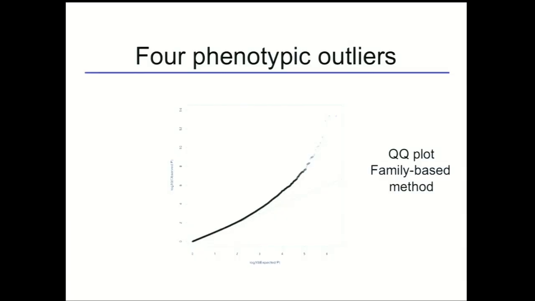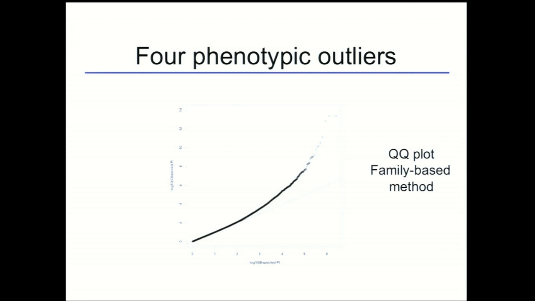Yeah, so this is the example. This is a real-life example. We were the analytic pipeline for a project called CARE, and we would get all sorts of combinations of genotypes and phenotypes to analyze. This was one of the QQ plots that we generated from a family-based approach. It was clear that this was either the best phenotype ever to study, or something was wrong.